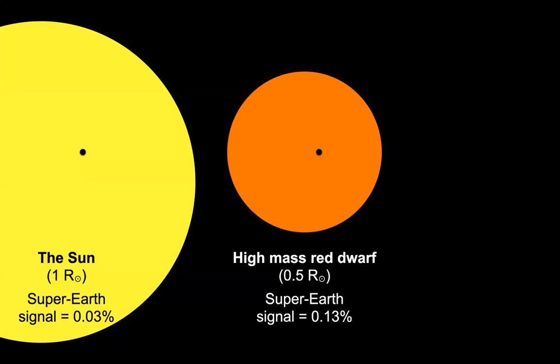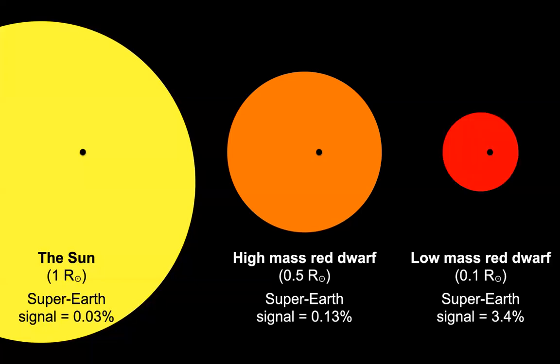So again, this question of habitability, if we want to focus on terrestrial planets, the so-called super Earths, right? Not gas giants, planets that still appear to have a rocky surface, it gets really difficult around sun-like stars. But those same planets start to become more observationally accessible just by looking around smaller stars.